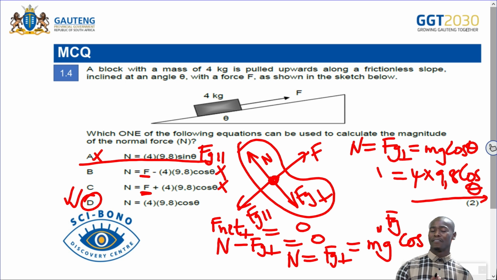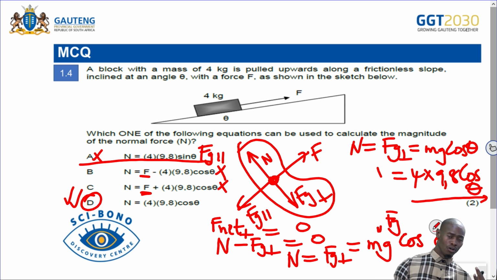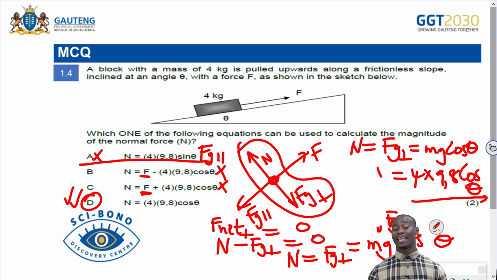And please let us be careful when it comes to cos theta and sin theta. Mg cos theta is for the Fg perpendicular, and the Fg parallel will be mg sin theta. So please be careful when it comes to that. I don't want learners to confuse Fx with Fg parallel. Fx is F cos theta, but Fg parallel is mg sin theta.